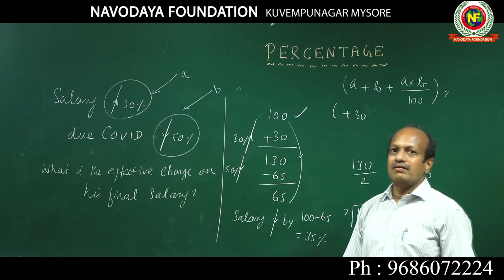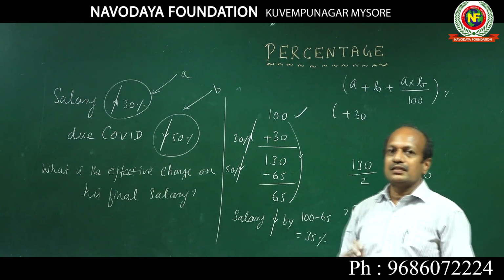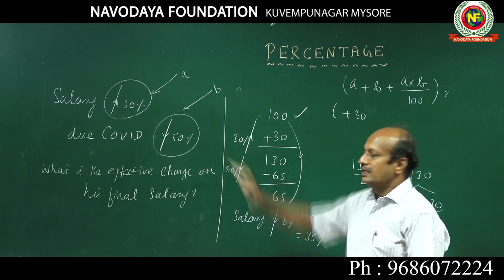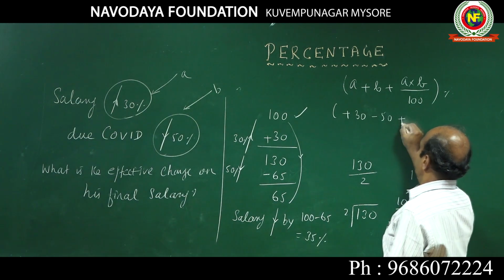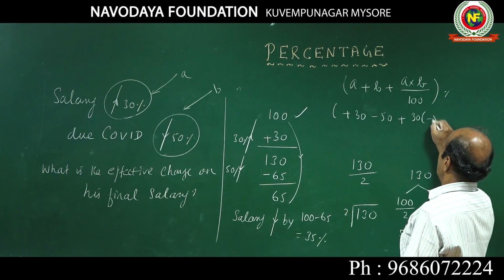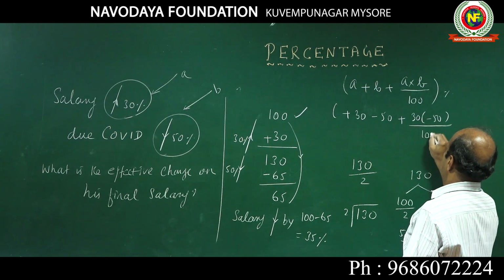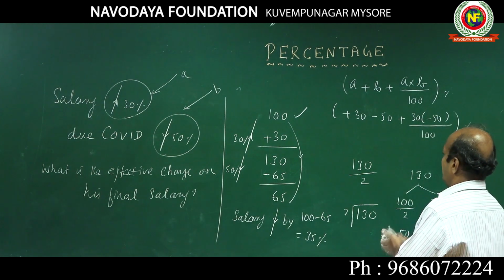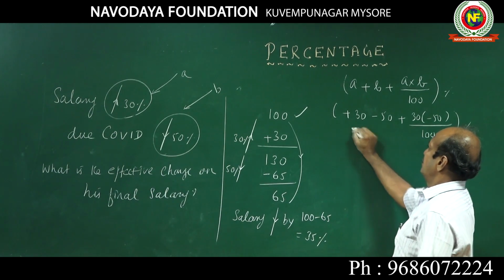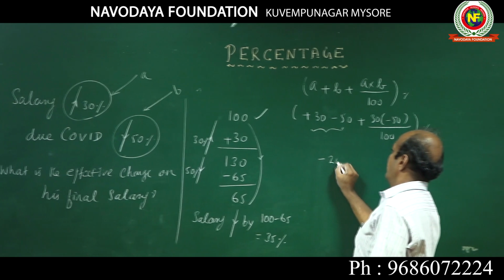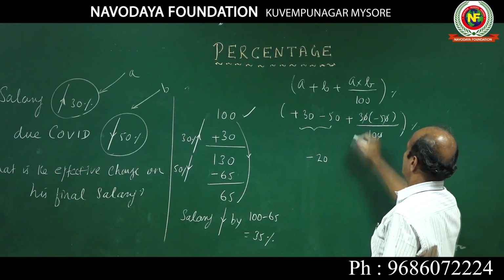Value of A and value of B. Value of A is increase, therefore positive. Value of B is decrease, therefore it is negative. Right. Minus 50. Value of A is 30 into minus 50 by 100%. Now let us see how much we will be getting. These are two things you can simplify. Minus 20. Two zeros get cancelled.